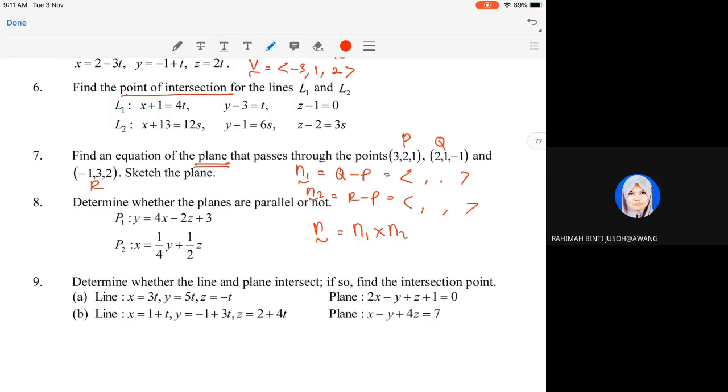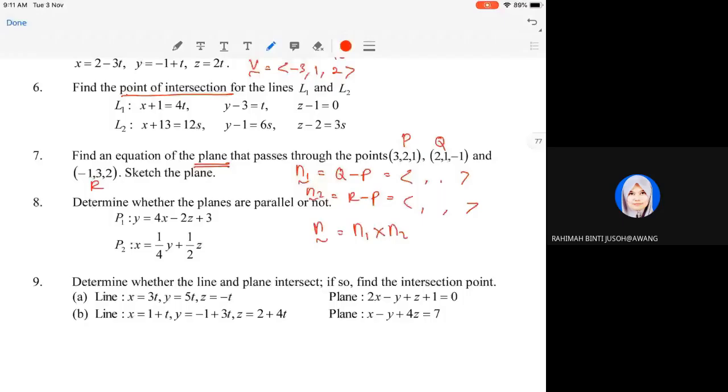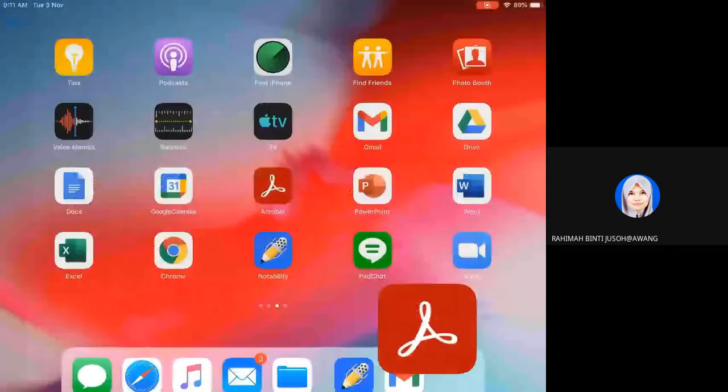Okay, so now question number 8. Question number 8, the planes, parallel or not. Okay, P1, P2. Jom kita buat question 8.